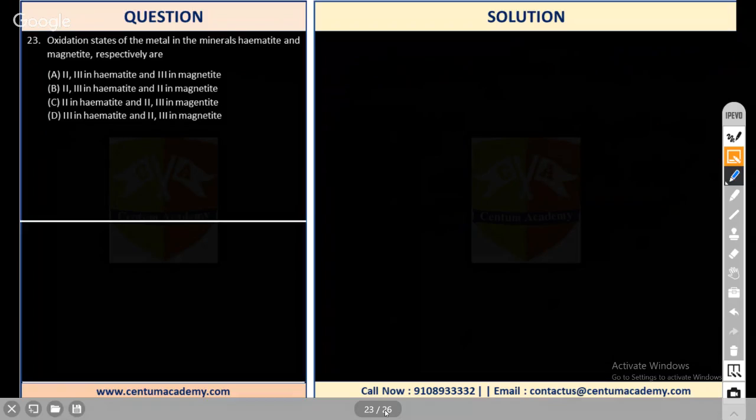What is the formula of hematite? See, again, this is nothing, but if you do not know the formula, you will have that doubt.